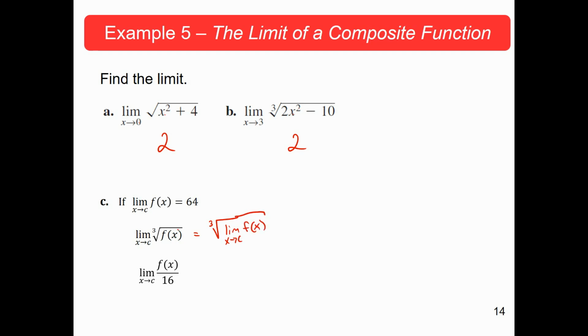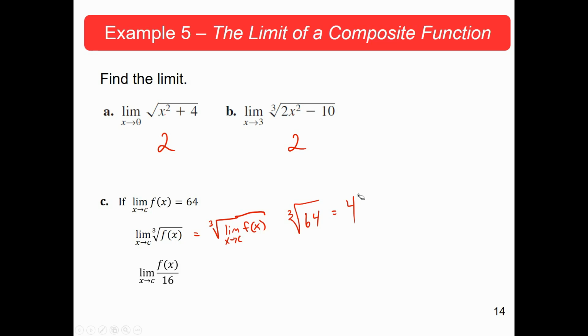I can take that cube root all the way on the outside because it's a composite function. So we're talking about the cube root of 64. Cube root of 64 is 4.